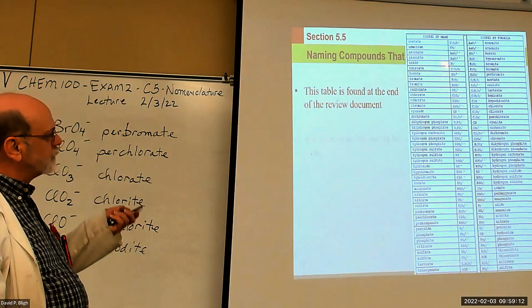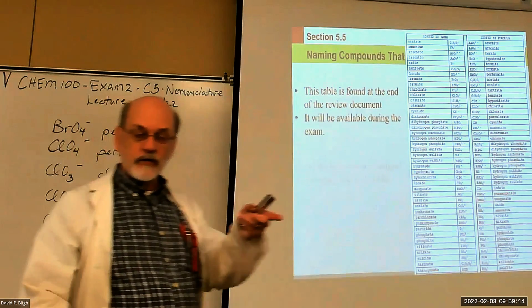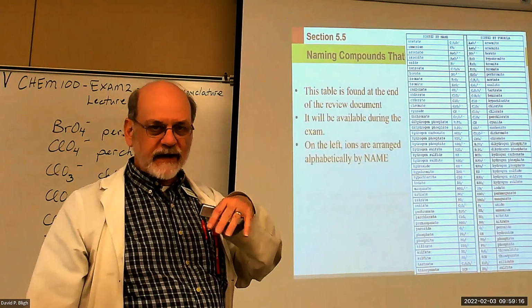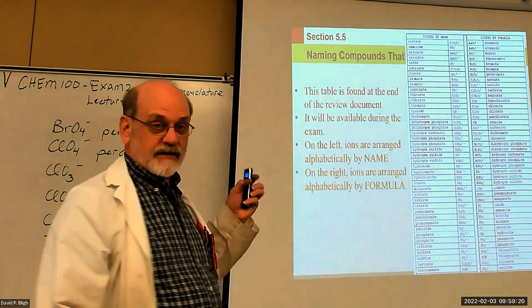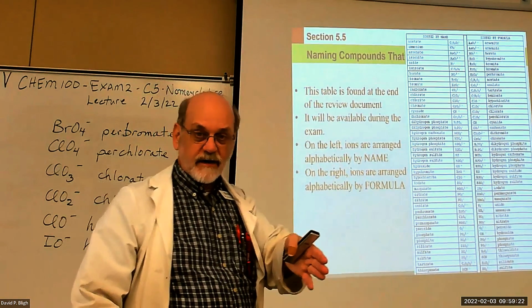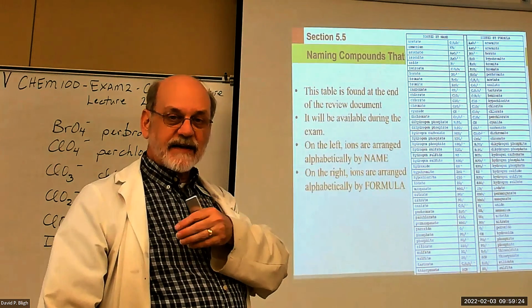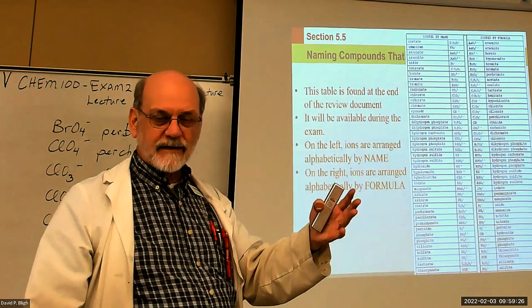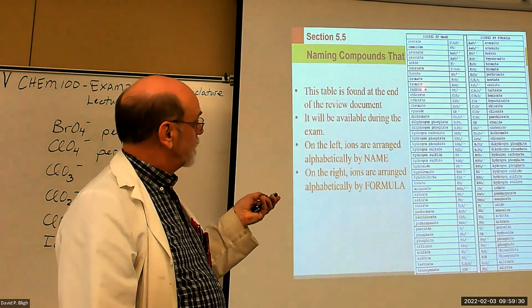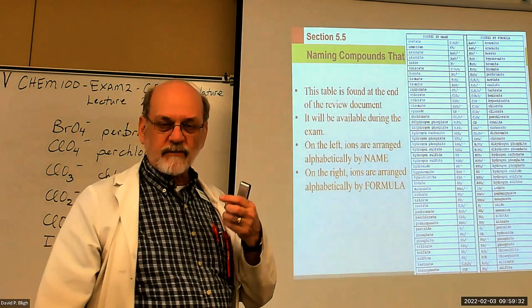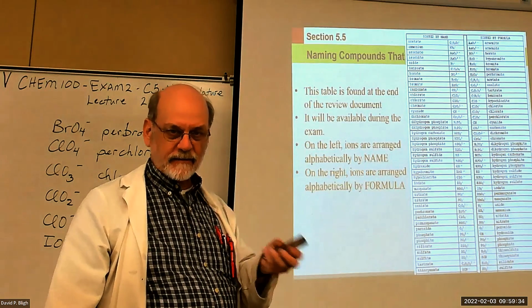So here's the full list that's in the review document and will be available for any exams. And it's divided down the center, but the left side is a duplicate of the right side. It's just organized differently. So on the left side, your polyatomics are sorted by names alphabetically.